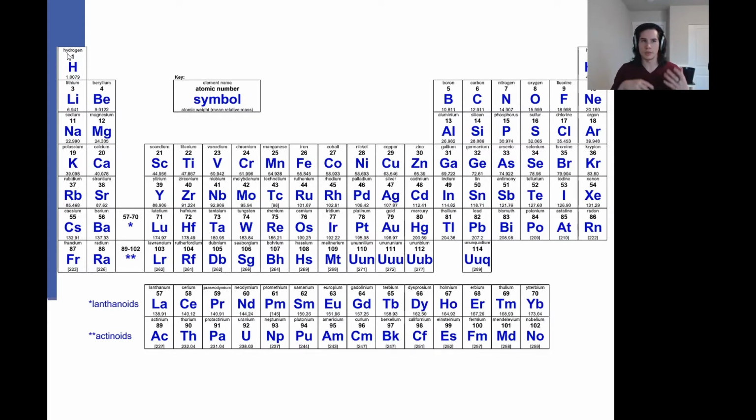It also, in its basal state, has 1 electron in its outer shell. Helium, we know that all of our noble gases are non-reactive because their outer electron shells are all filled. So they have no reason to react with any other elements in the periodic table.